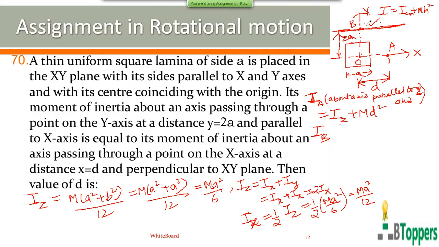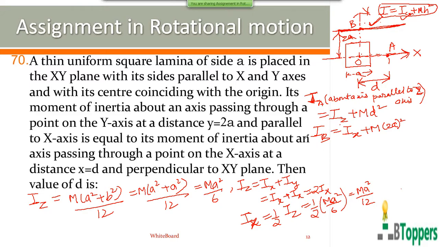Now again we will apply the parallel axis theorem to find the moment of inertia about this axis passing through the point B, which is parallel to the x-axis. It will be the moment of inertia about the parallel axis through the center of mass, that is the moment of inertia about the x-axis, plus the product of the mass of the body and the square of the perpendicular distance between the two axes.